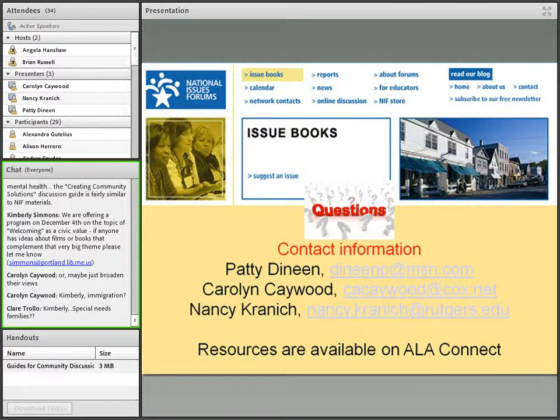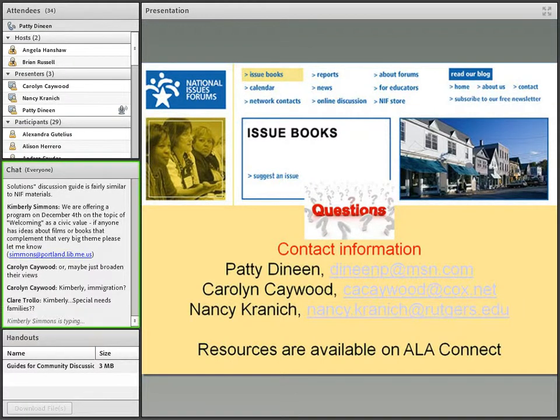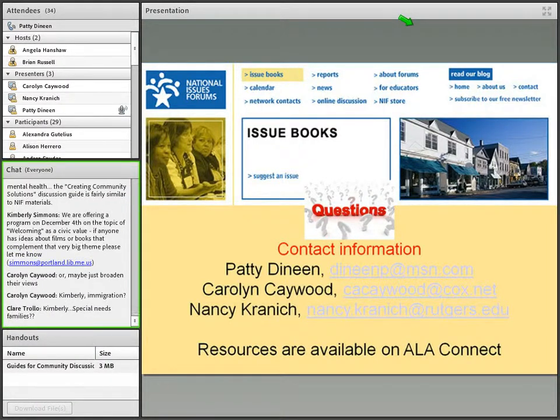But the one place on the National Issues Forum's website where I like to point people to is there's a navigation button at the top of the website called Network Contacts. And there we have a national map. And in each state, you can click on the state and it will give you some of the folks in those states who have experience with training moderators and convening forums.